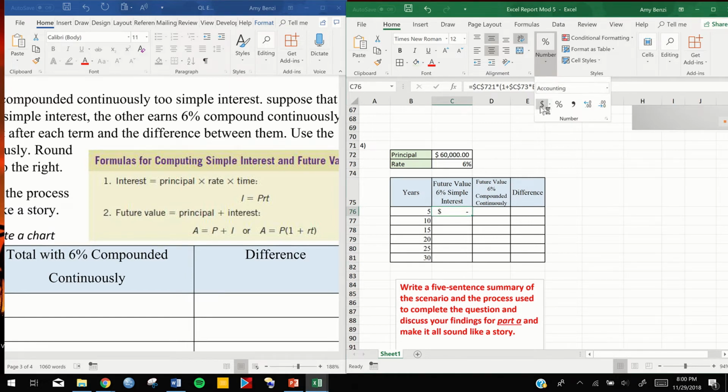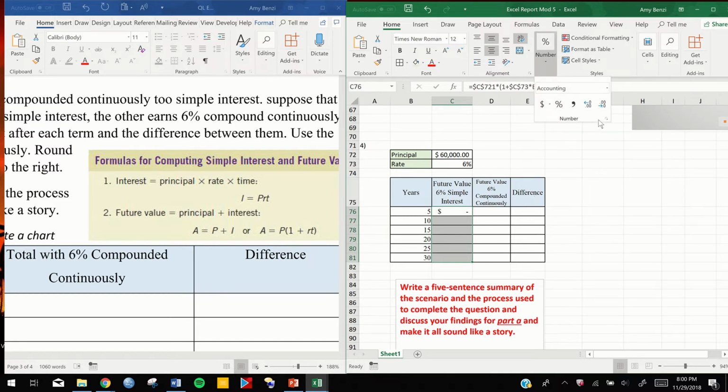If you click the dollar sign from right here, it gives you an accounting format. That's the default, some accounting thing that I don't know how to use. So you have to click on the dollar sign and do United States. But I need to select all these cells and then do that.